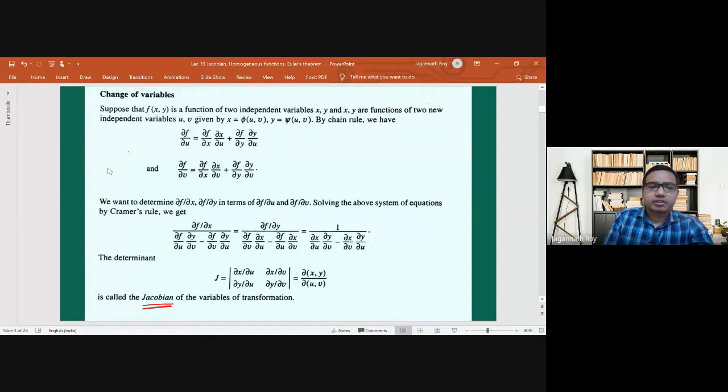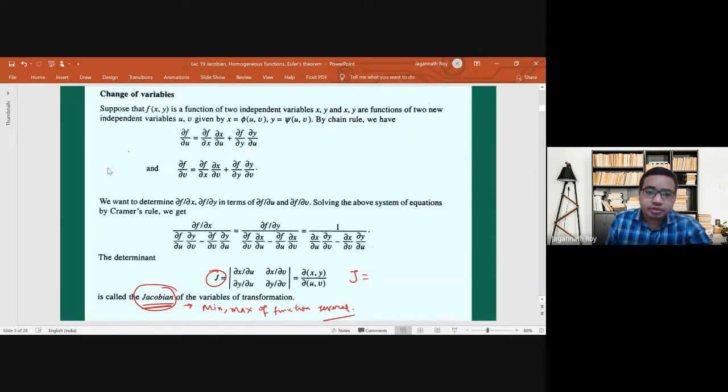Jacobian is denoted by J. It is very, very useful while we study ordinary differential equations, then minima, maxima of functions of several variables. It has numerous applications in mathematics, in engineering also. So this Jacobian, we have to learn very, very carefully.